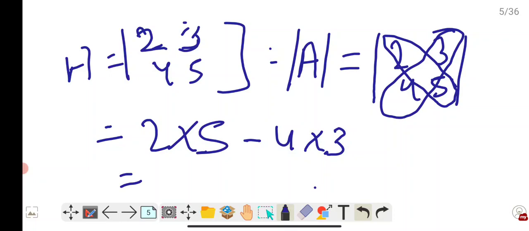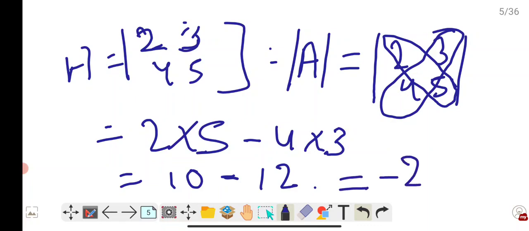Then what do we get? 2 fives are 10, minus 12. The answer is minus 2.